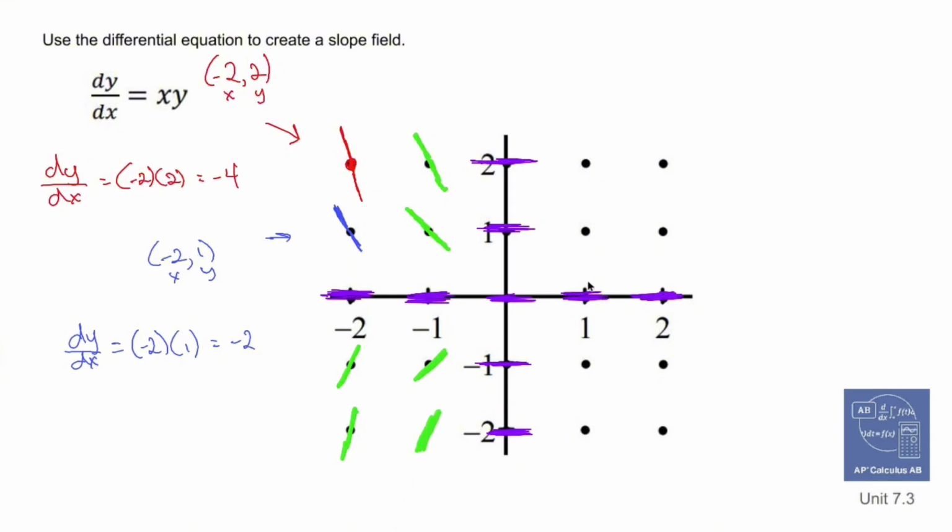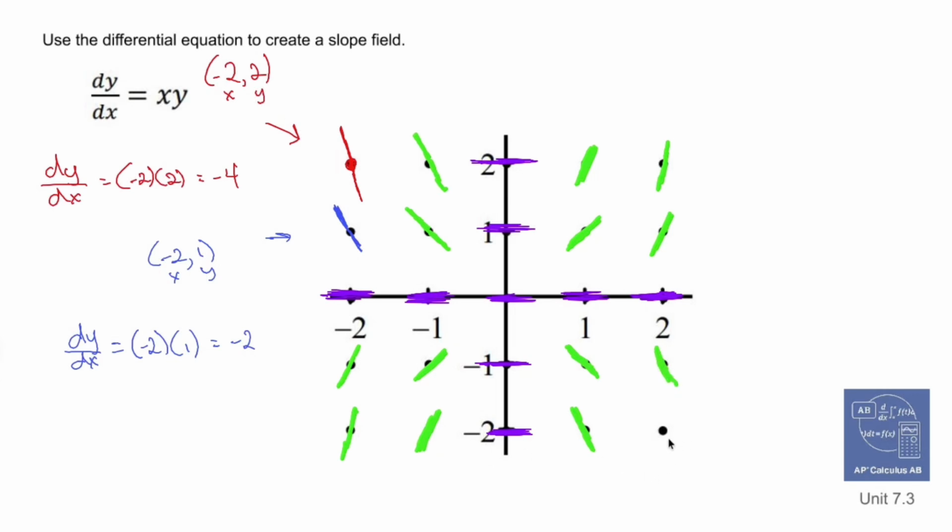Let's come up here. 1 times 2 is going to be 2, a pretty steep positive slope. 1 times 1 is going to be 1, so as diagonal as can be. 2 times 2 is 4, so a steeper positive slope. 2 times 1 is 2, so a pretty steep positive slope. -1 times 1 down here is going to be as diagonal as can be. 1 times -2 is going to be a pretty steep slope. -1 times 2 right here is going to be the same that we just drew out.